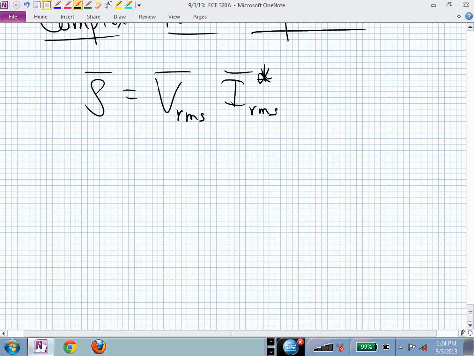But maybe somebody only has the current, but they know the impedance, and they don't want to mess around with this indirect step of computing the voltage. Then that's what we did in our example. We simply replace that voltage with Z times the current going through that impedance.